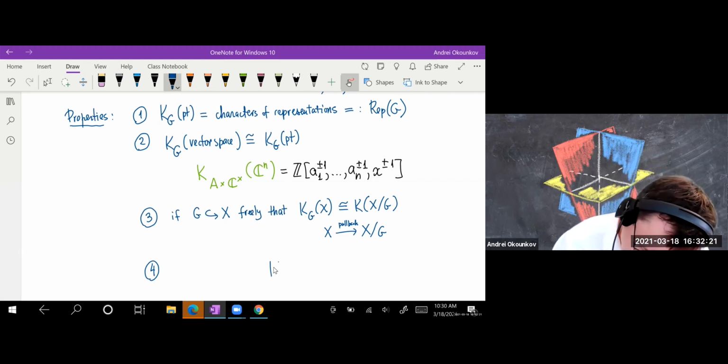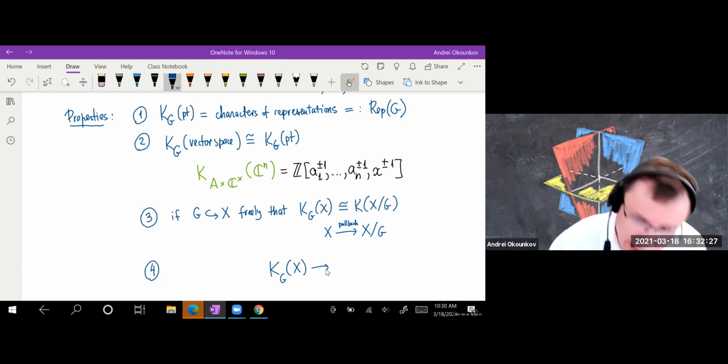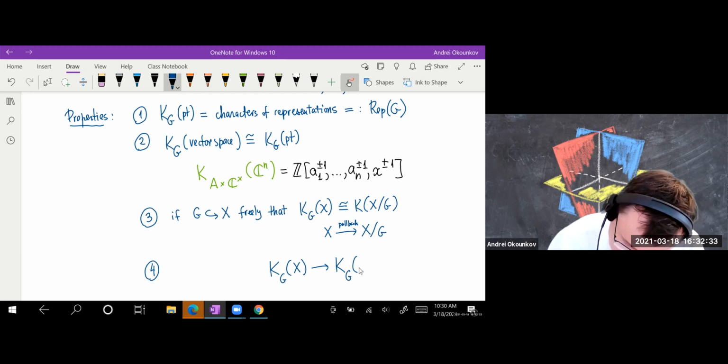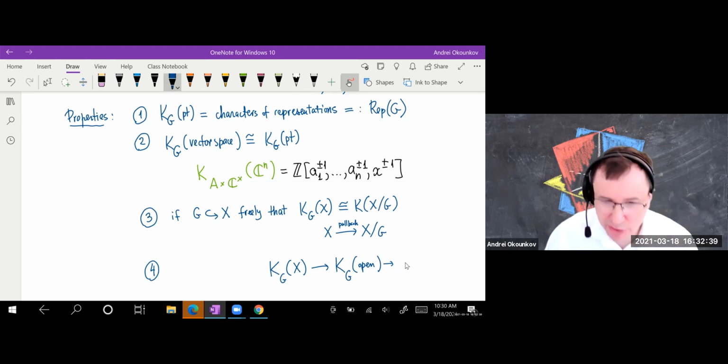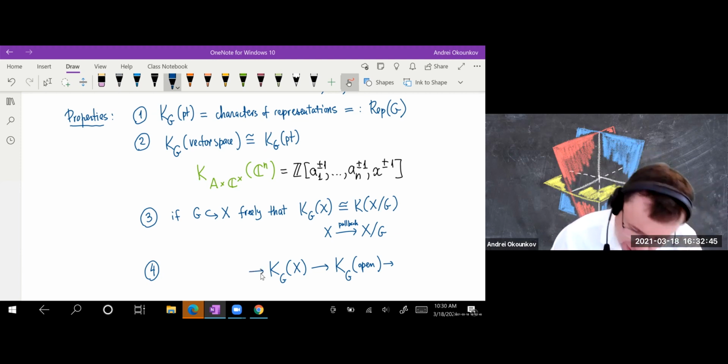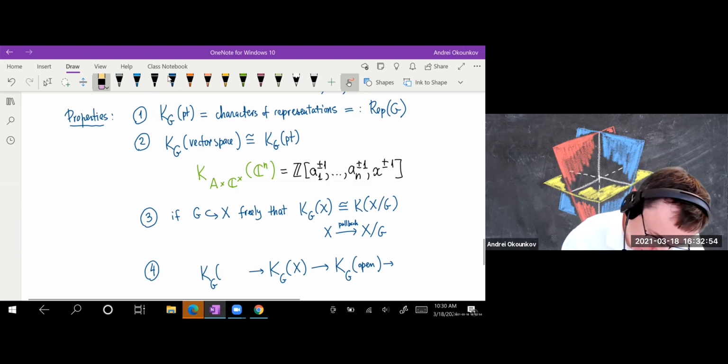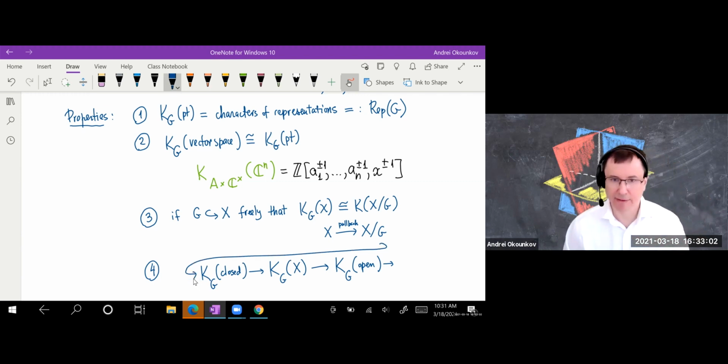So there is a map: if I have K of X, then there is a restriction map to an open, G-invariant open subset. Depending on whether you're in topological or algebraic K-theory, it's either 0 or not, but let's not worry about that. And then the kernel of this map is the K-theory of the complement, the corresponding closed subset, and then there's a long exact sequence of higher K-theories.